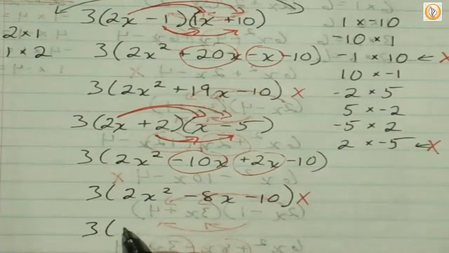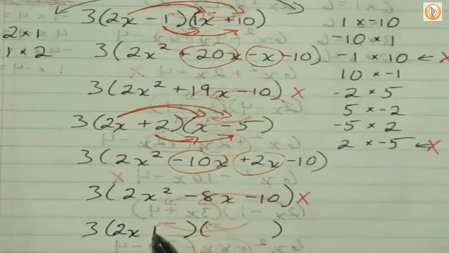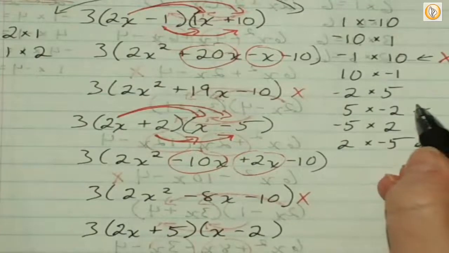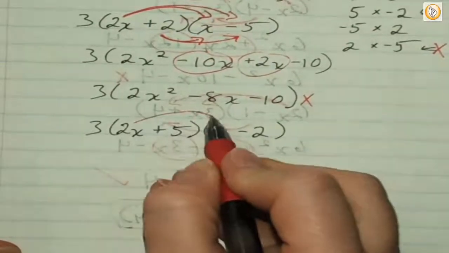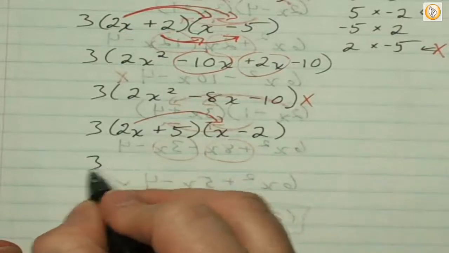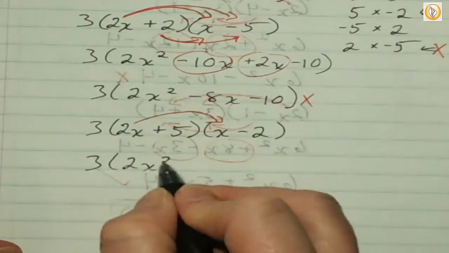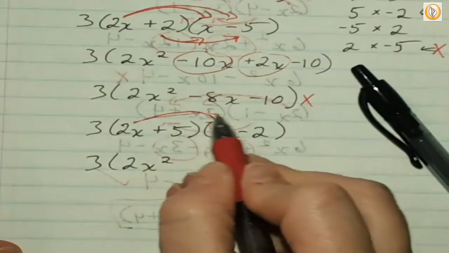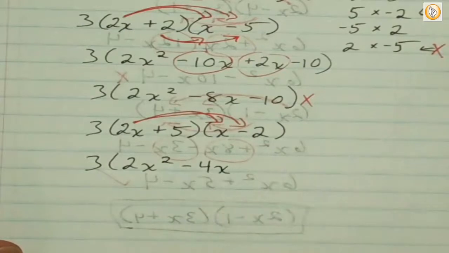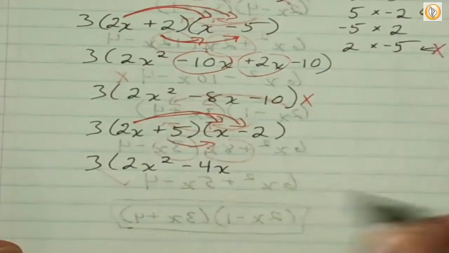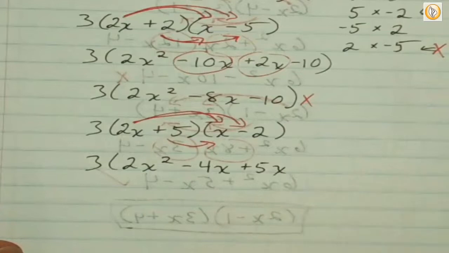All right, let's try 2x, he said 5 and negative 2. This one right here. So we have 3 times 2x squared, negative 4x, 5x, and then negative 10.